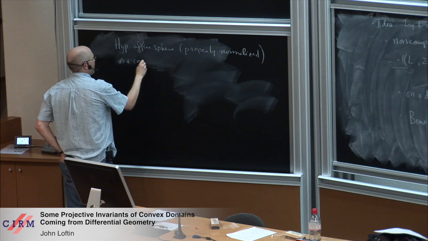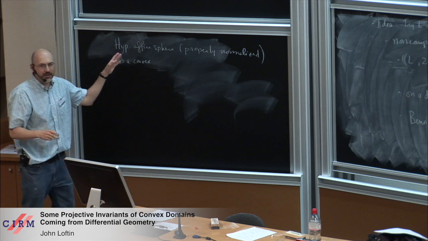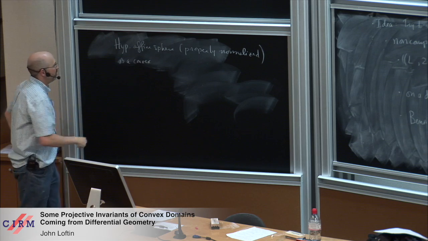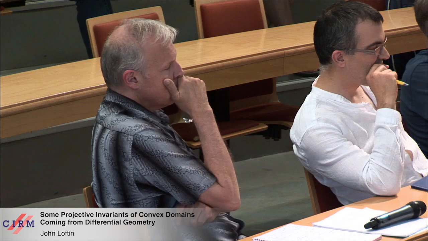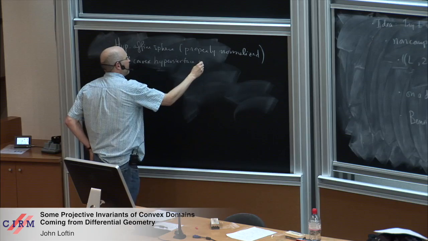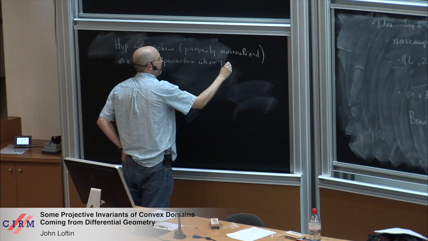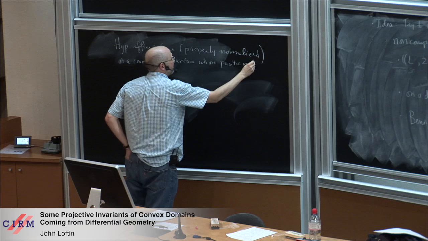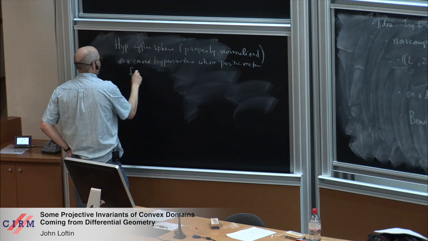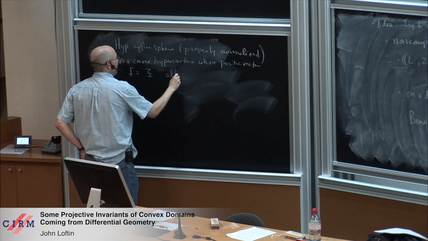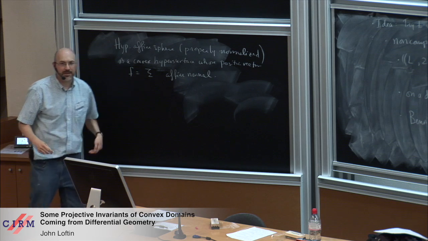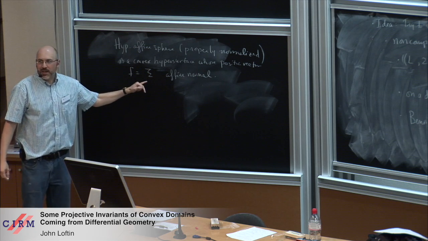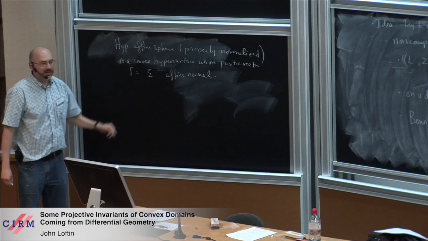You can define this for non-convex hypersurfaces as well, there's a version of affine sphere, but I'm not interested in those. It is a hypersurface whose position vector f is always equal to c times the affine normal. Okay? And that's what I didn't define: the affine normal.